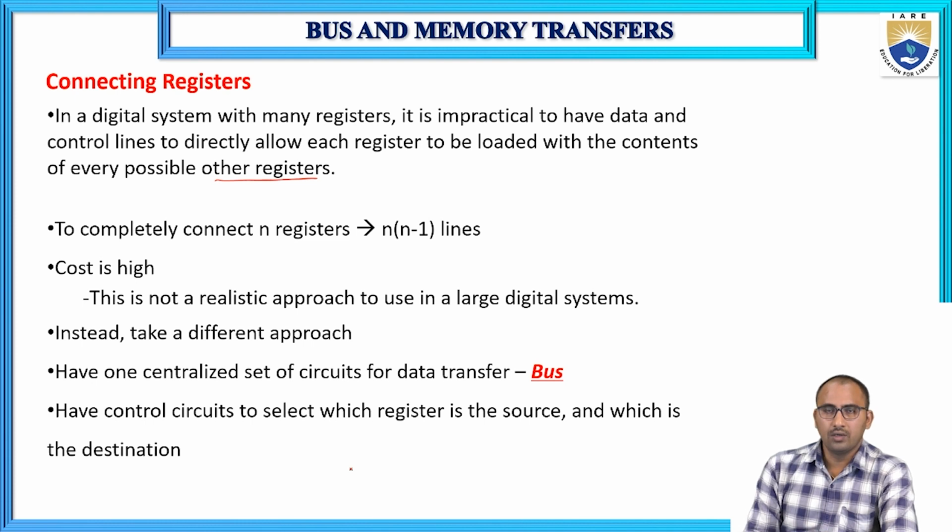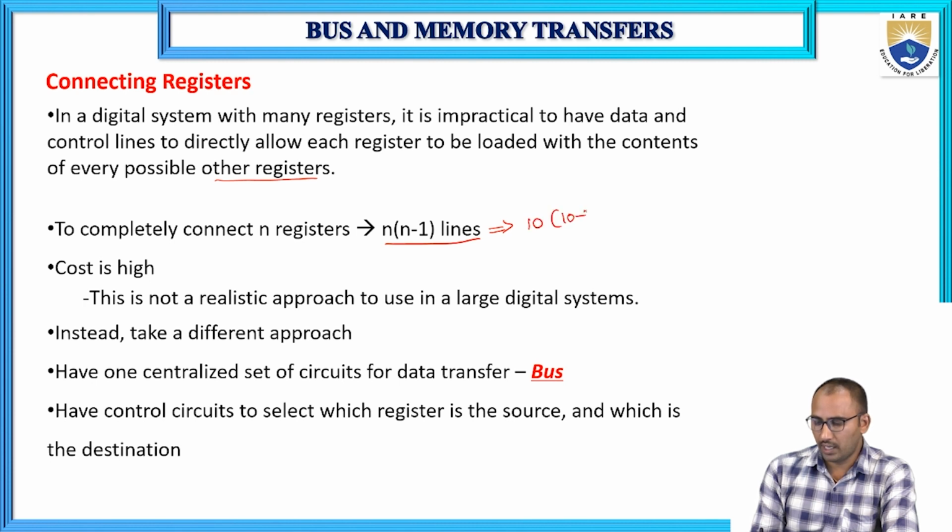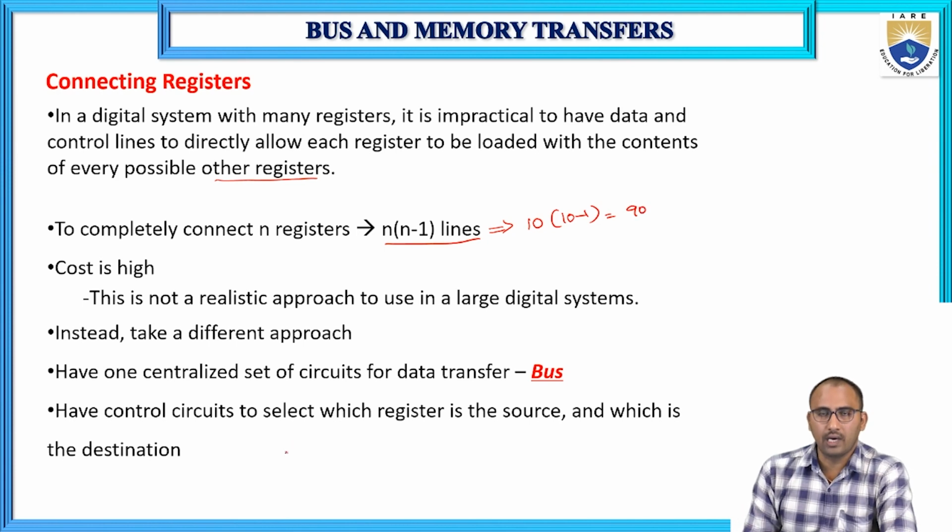Suppose you have n registers to connect directly with each other, in total we require n into n minus 1 connections. Suppose you have 10 registers, you require 10 into 10 minus 1, that is equal to 90. So 90 connecting wires are required.